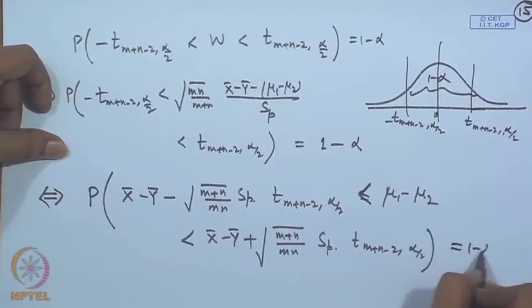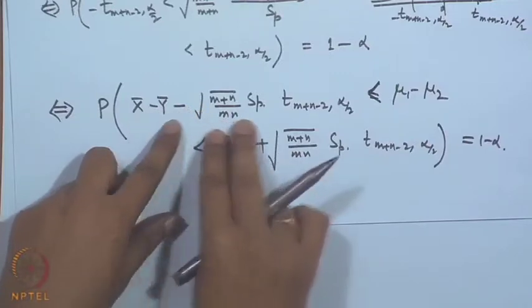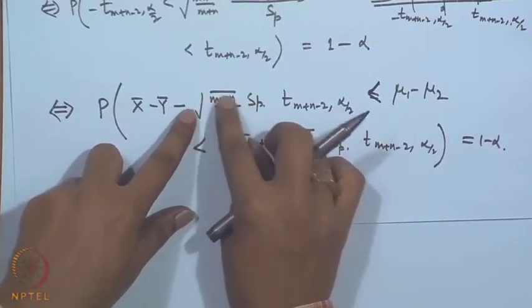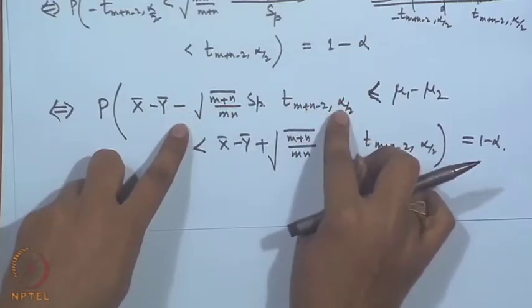This is equal to 1 minus alpha. So, we get the 100(1 minus alpha) percent confidence interval as x bar minus y bar plus or minus root((m+n)/(mn)) S_p t_{m+n-2, alpha/2}.